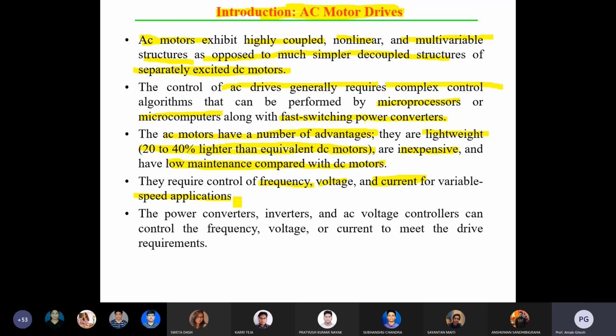So power converters, inverters and AC voltage controllers can control the frequency and voltage or current to meet the drive requirement. The inverter can control frequency also; you know we use an inverter for DC to AC conversion.